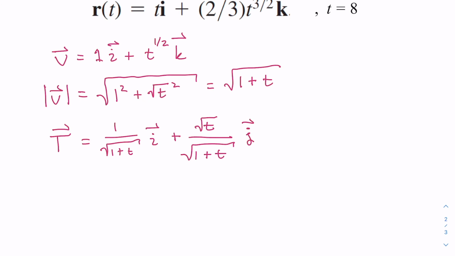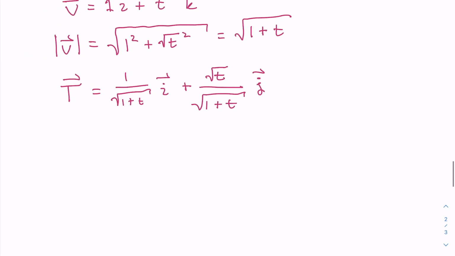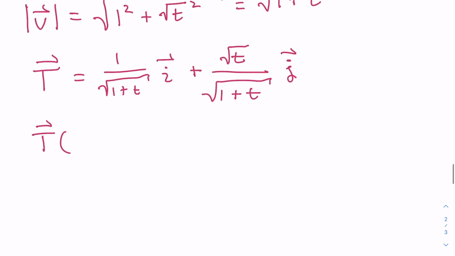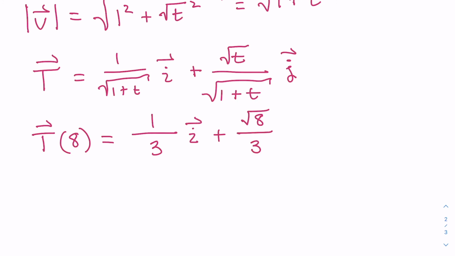And now let's evaluate that for t equals 8, right? Is that the value? t equals 8. So that's going to become 1 over square root of 9, which is 3. So 1/3 in the i direction plus square root of 8 divided by 3 in the j direction.